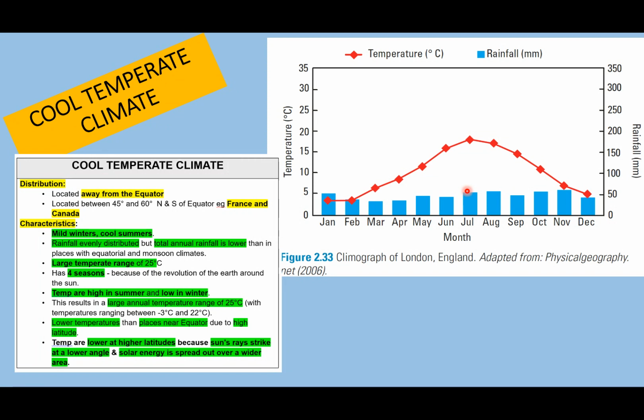Temperatures are high in summer and low in winter. This results in large annual temperature range of 25 degrees Celsius and lower temperatures than places near equator due to high latitudes. Temperatures are lower at higher latitudes because the sun rays strike at a lower angle and solar energy is spread out over a wider area.